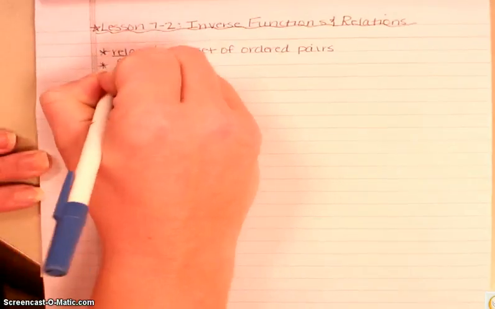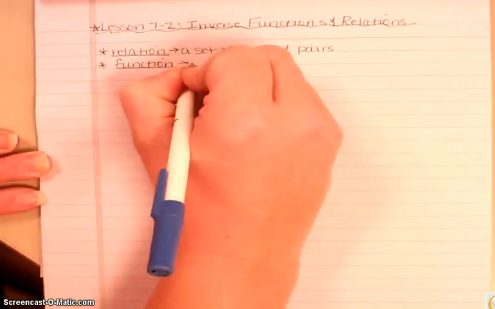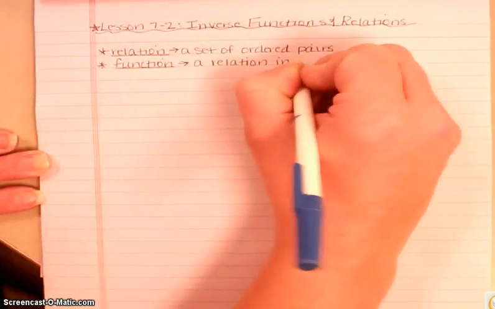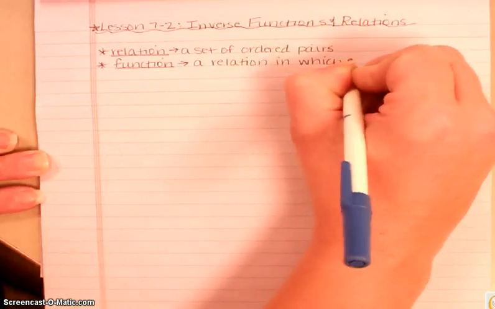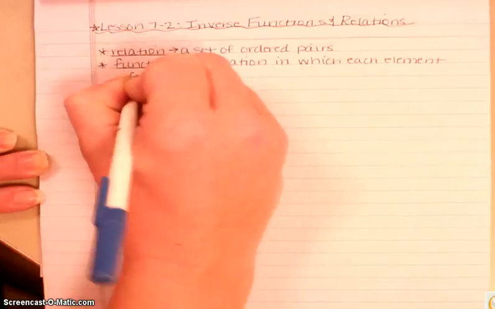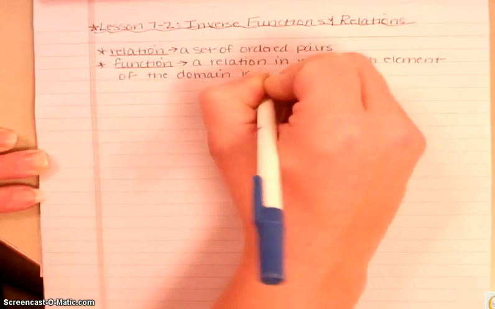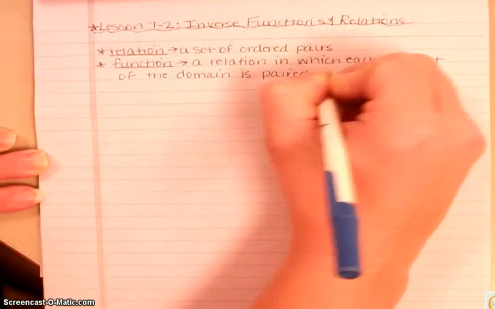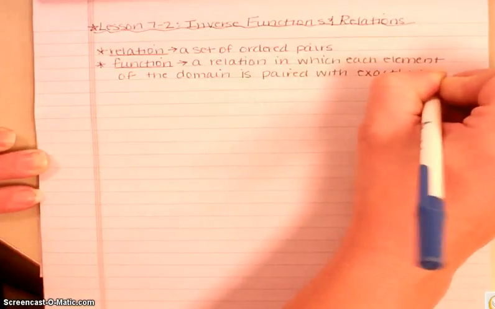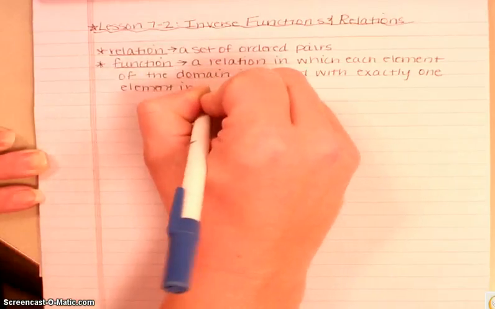Then a function is a special type of relation. A function is a relation in which each element of the domain is paired with exactly one element in the range.